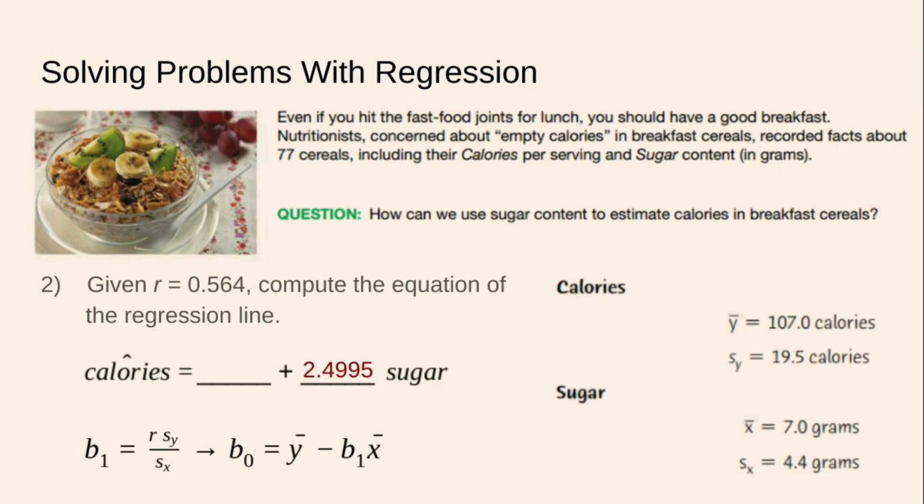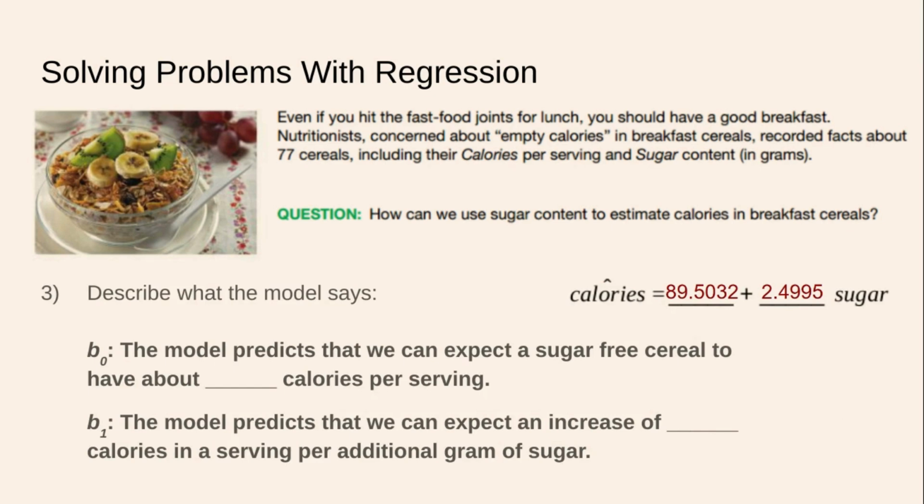So we get about 2.4995. I rounded to 4 places. And now we can take that value for b1, substitute it in here, substitute the x bar, which is 7, and substitute the y bar, which is 107. And we would get 89.5032. So that is your regression line.